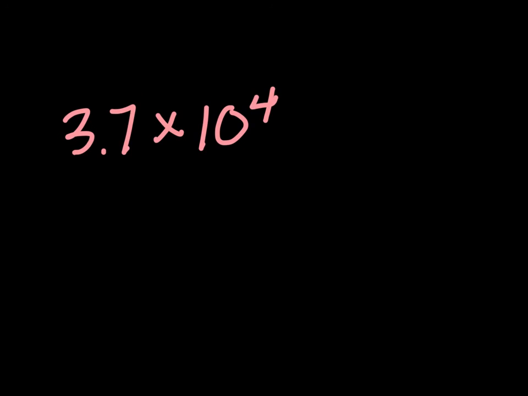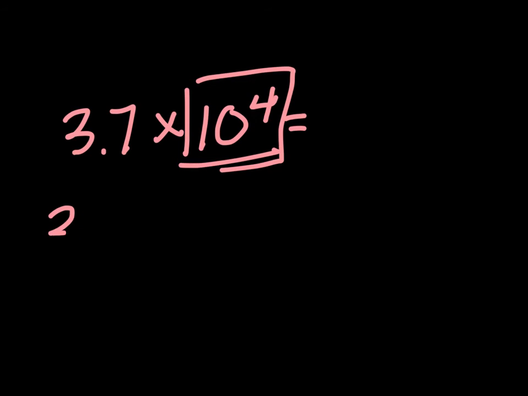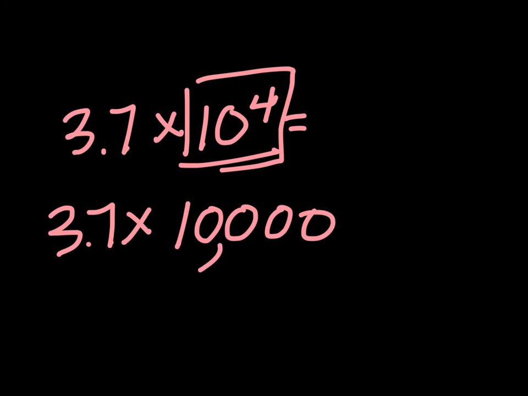Let's do one more of that. Let's say I had 3.7 and I'm multiplying that by 10 to the fourth power. The first thing I need to do is say, what does 10 to the fourth power mean? That's 3 and 7/10 times 10,000. I know I need to move my decimal over 4 times because I have 4 zeros.